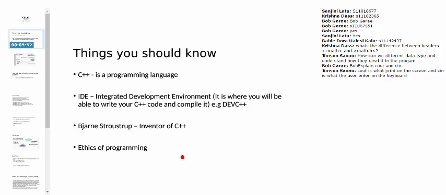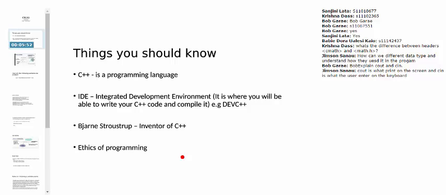And what is an IDE? IDE stands for Integrated Development Environment. It is where you will be able to write your C++ code and compile it. An example of an IDE is Dev C++. We mentioned that C++ is a programming language. For example, in the English language, you write in your textbook or exercise book.